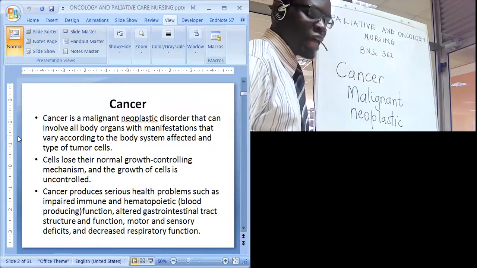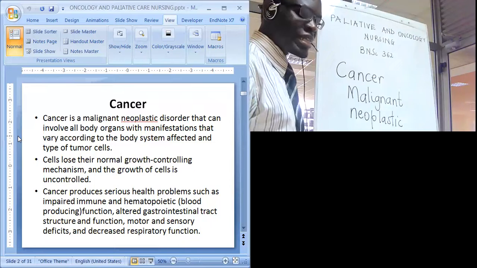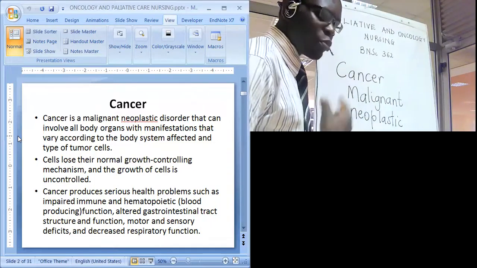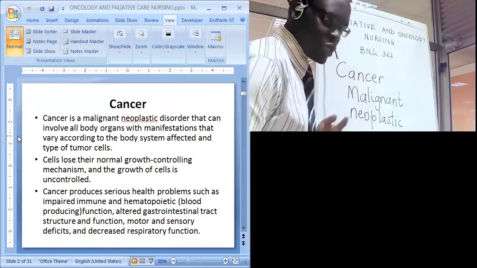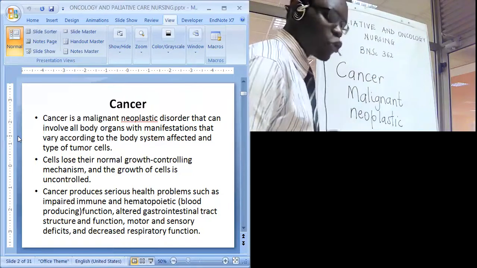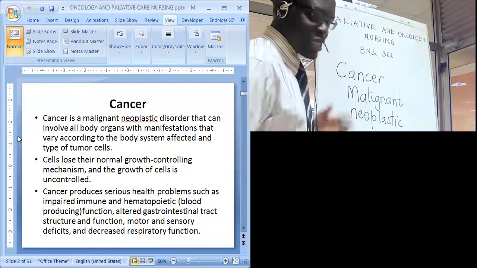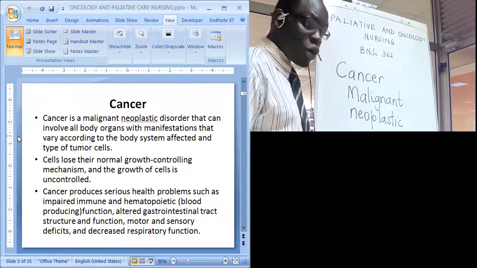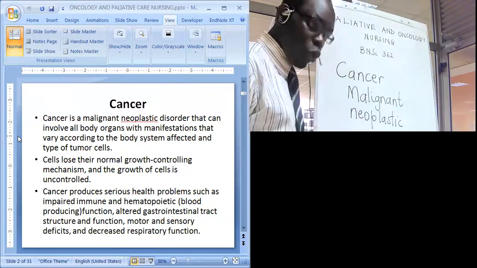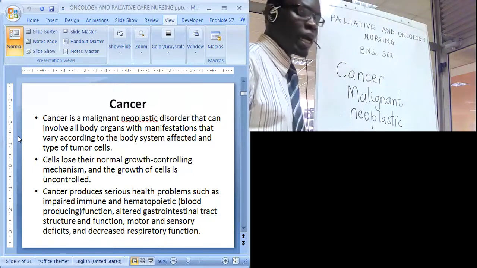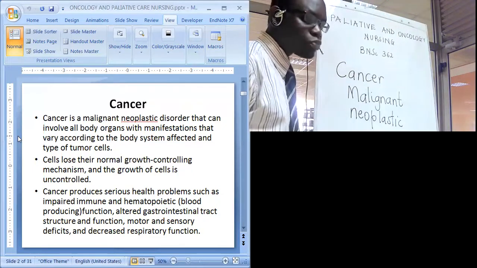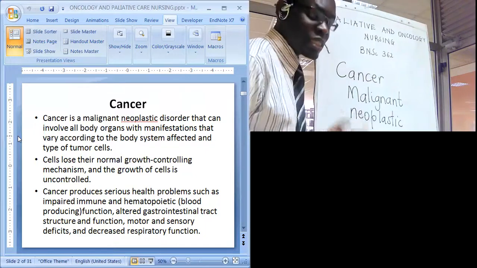So in other words, we are saying that cancer is that development within our bodies whose growth we cannot control. As you can see in the second bullet, it says that the cells lose their normal growth controlling mechanism, and the growth of cells is basically uncontrolled.